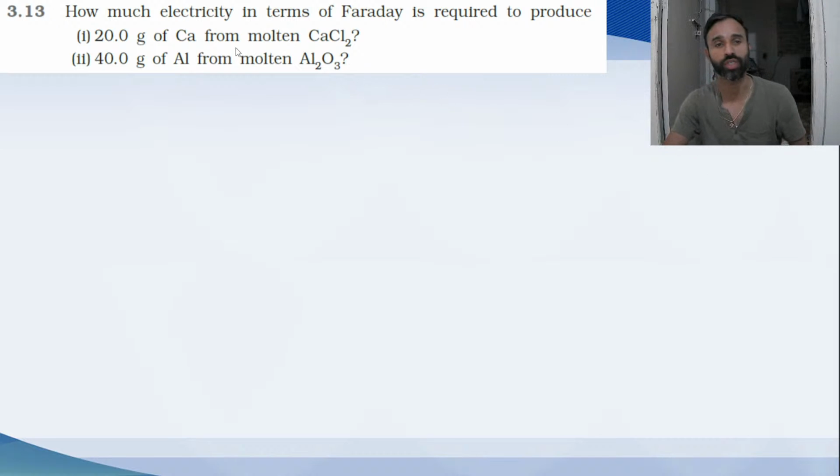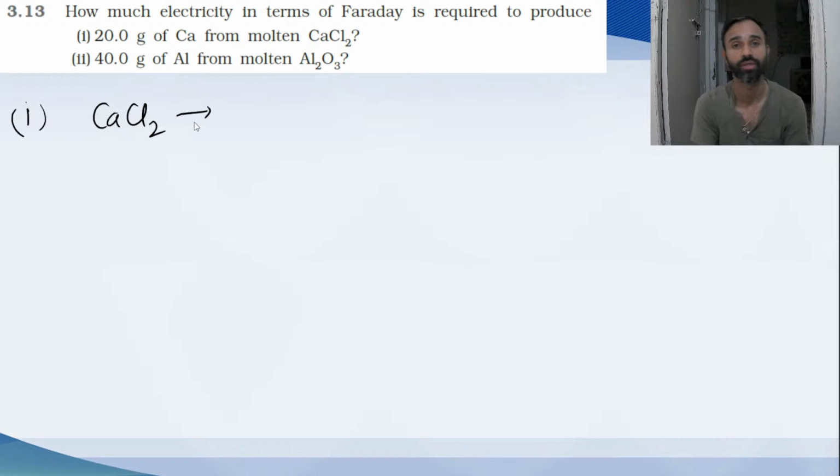The question is, how much electricity in terms of Faraday is required to produce 20 gram of calcium from molten calcium chloride? You know, molten calcium chloride is in the form of ions, calcium 2+ and 2Cl negative.